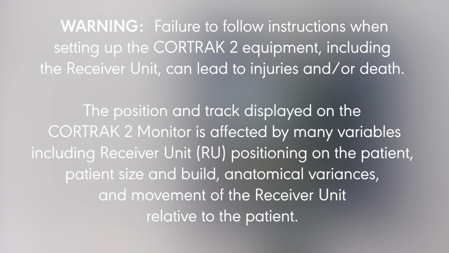Warning: failure to follow instructions when setting up the CORTRAK 2 equipment, including the receiver unit, can lead to injuries and/or death. The position and track displayed on the CORTRAK 2 monitor is affected by many variables, including receiver unit, RU, positioning on the patient, patient size and build, anatomical variances, and movement of the receiver unit relative to the patient.